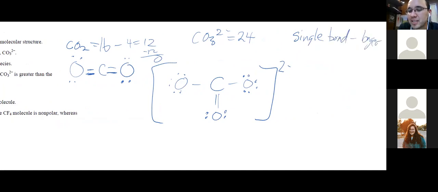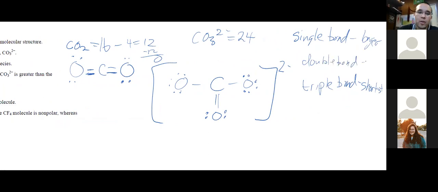And so that also means that a triple bond, how does that compare? So that's the shortest, right? The triple bond is the shortest, yep. And so a double bond's in the middle.